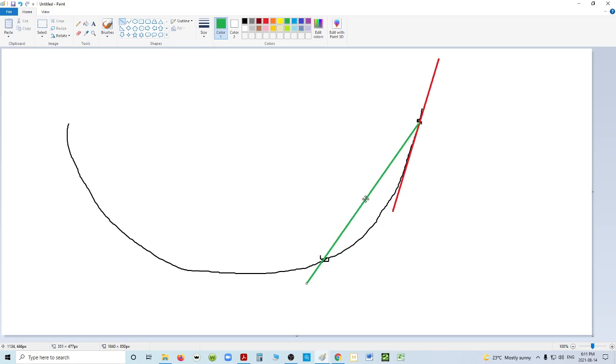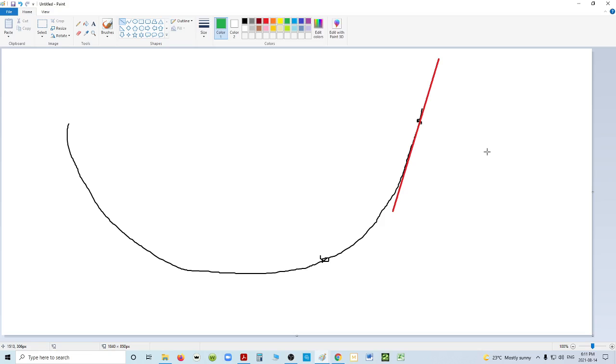Look at their slopes. Isn't it obvious the rate of change in the green line is not as accurate as the instantaneous rate of change of the red line? And that's because this bottom slope that I'm pointing at is sloped slower than the red line.